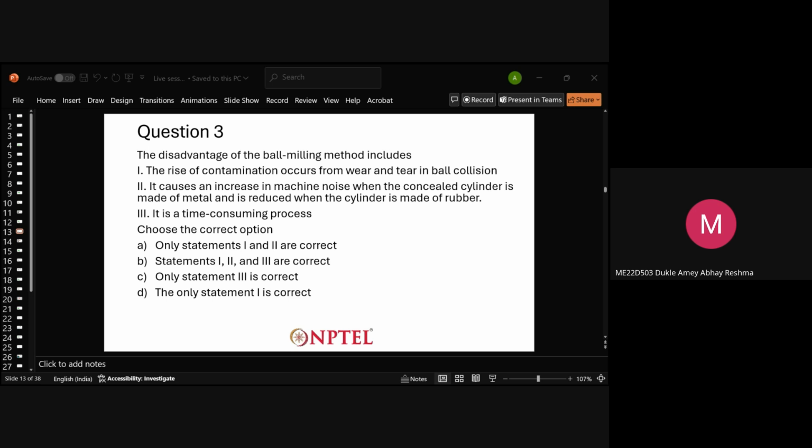Then there will be impact, and the kinetic energy from the impact leads to the material breaking down. There will be a lot of impact and attrition. So the mechanism is called impact and attrition. There will be a lot of impact between the balls and the material, and then you will get the crushed powder. So that is how the entire process works.